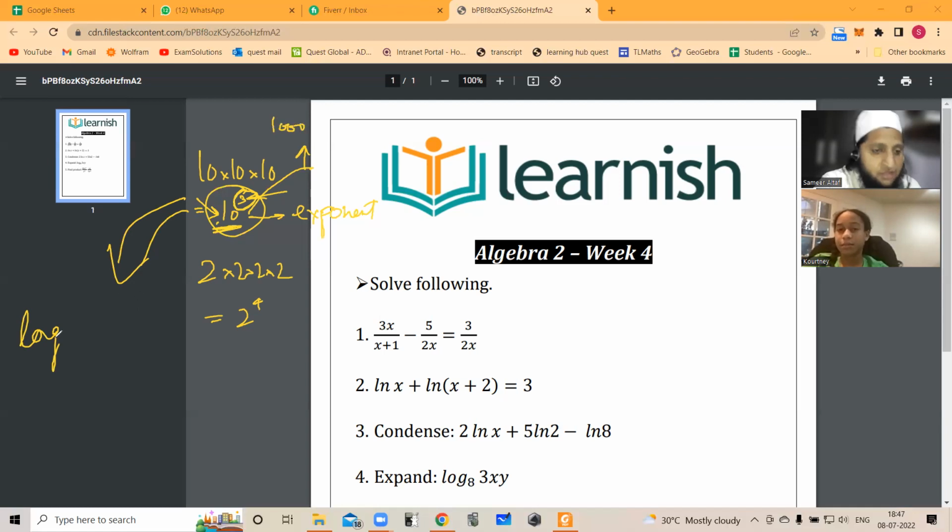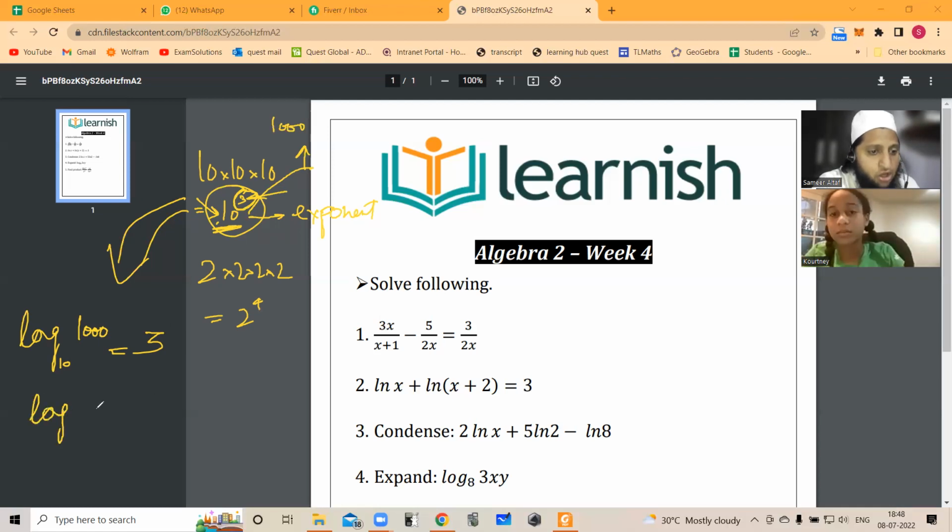So if I'm having log 1000 with base 10, it's telling me what number I have to raise this base to, to get 1000. Yeah, I practiced that on Khan Academy, so it made more sense. So it'd be equal to 3. Correct. Log 1000 to the base 10 is 3, because we have to raise 10 to the power 3 to get 1000.